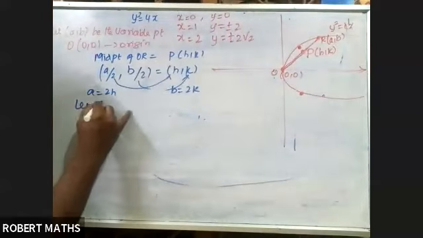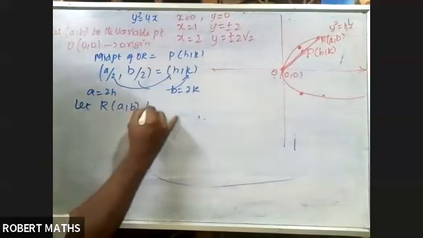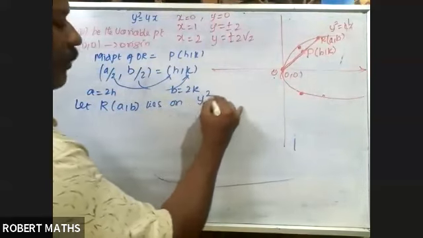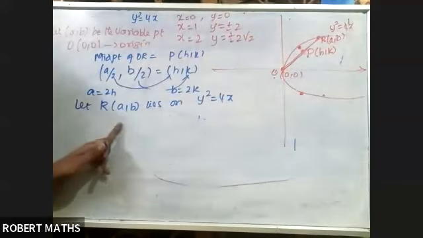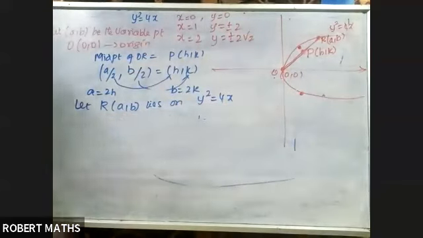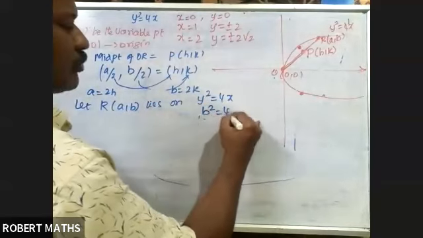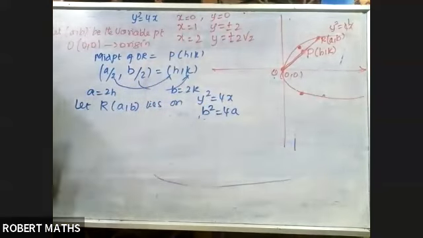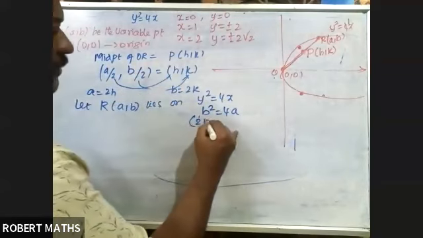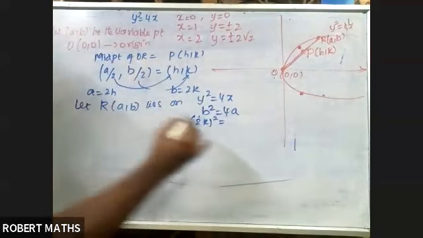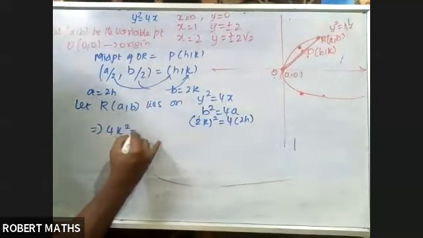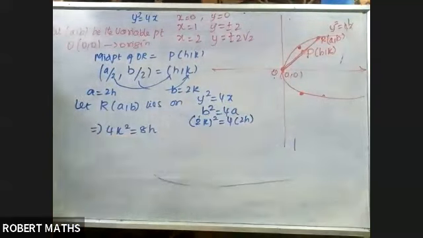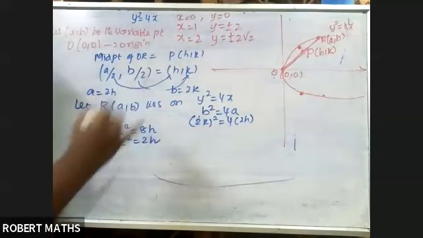Let R of a comma b lie on the parabola y squared equals 4x, which means in place of x we put a and in place of y we put b. So the equation is b squared equals 4a, but we know that b equals 2k, the whole square, and 4 into a, whose value 2h I have found. This gives 4k squared equals 8h. Now if we divide by 4, we get k squared equals 2h.